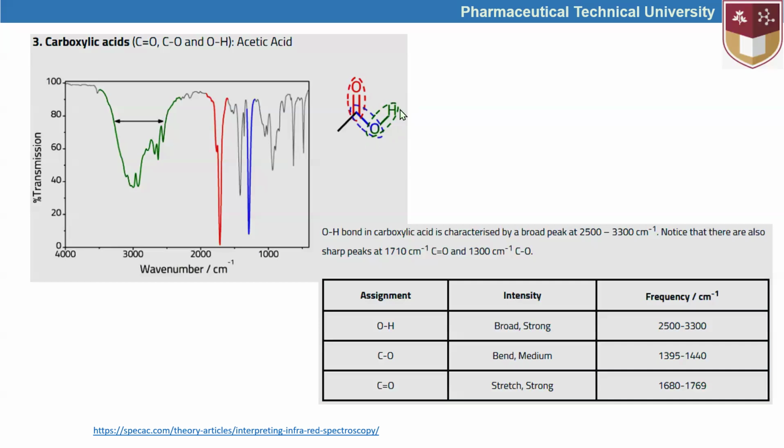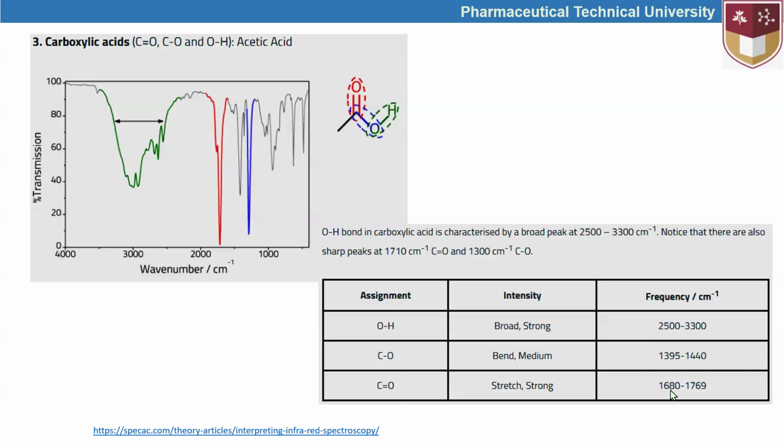The oxygen-hydrogen single bond has this kind of wide spectrum as indicated here, and the carbon-oxygen single bond has this kind of absorption as indicated here, and the carbon-oxygen double bond, the carbonyl bond, has the absorption as indicated here.